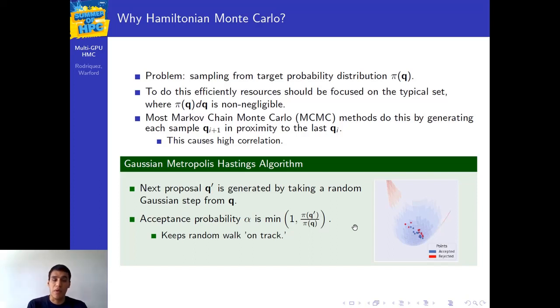There are many ways to sample from a given distribution, and one of these is a method called Markov chain Monte Carlo. One of the most basic forms of this is the so-called Metropolis-Hastings algorithm, and it basically works as follows. You start at an initial position, and from this position you propose a new point in your sample space, and based on an acceptance probability you take this point or you reject it.